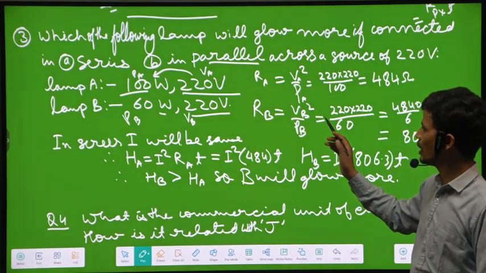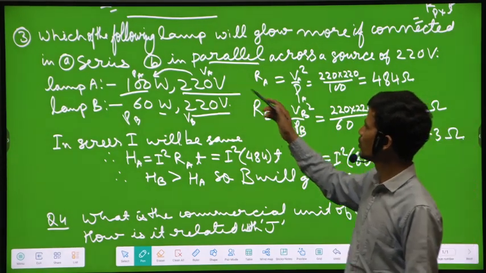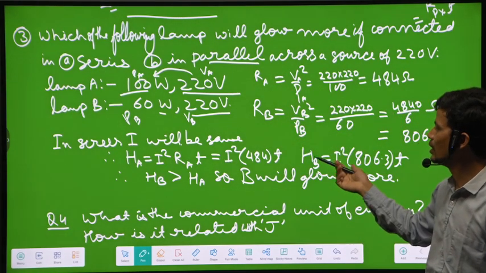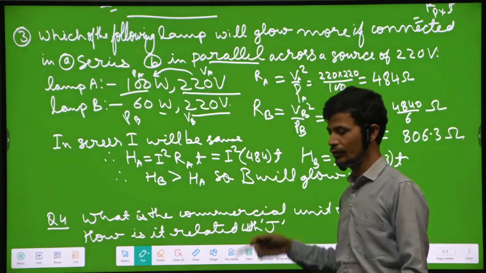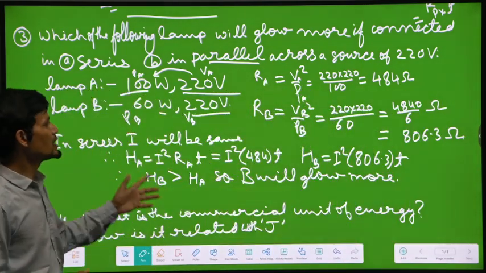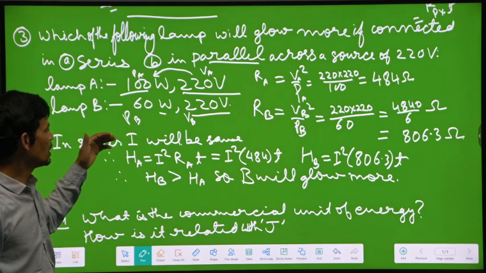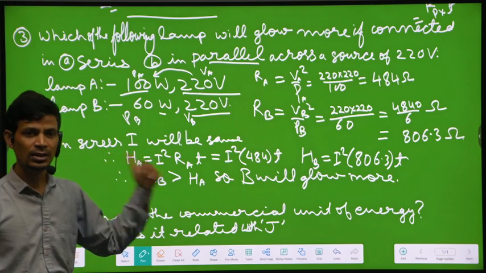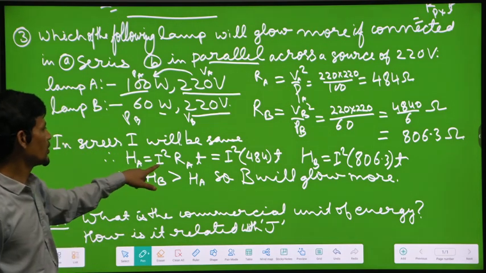See what happened in this question. There were two lamps connected first in series, then in parallel. So which will glow more? We can't say anything unless we have the information of resistance if we're talking about the series combination. In series, current remains the same.